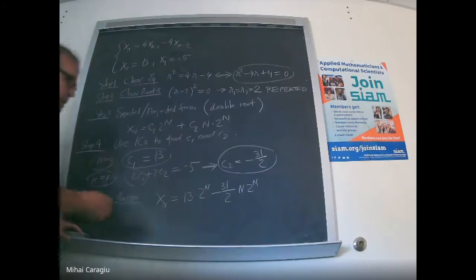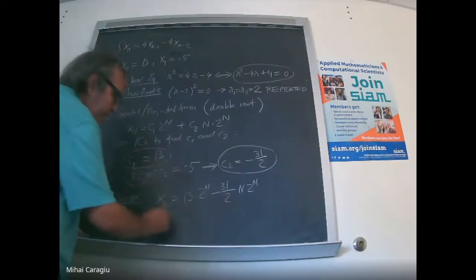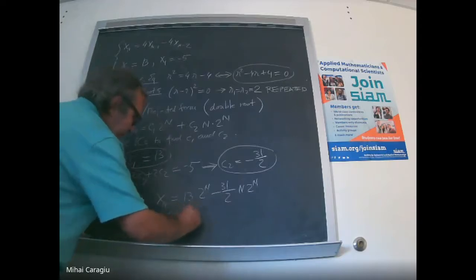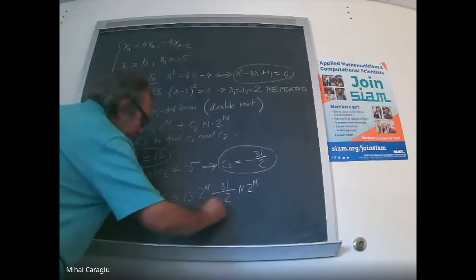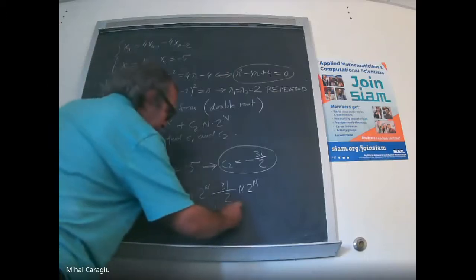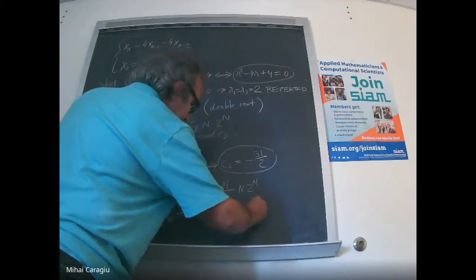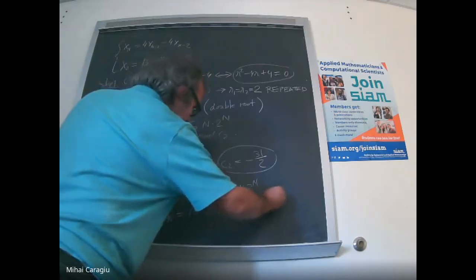If we really want not to use denominators, xn equals 13 times 2 to the power n minus 31 n times 2 to the power n minus 1.